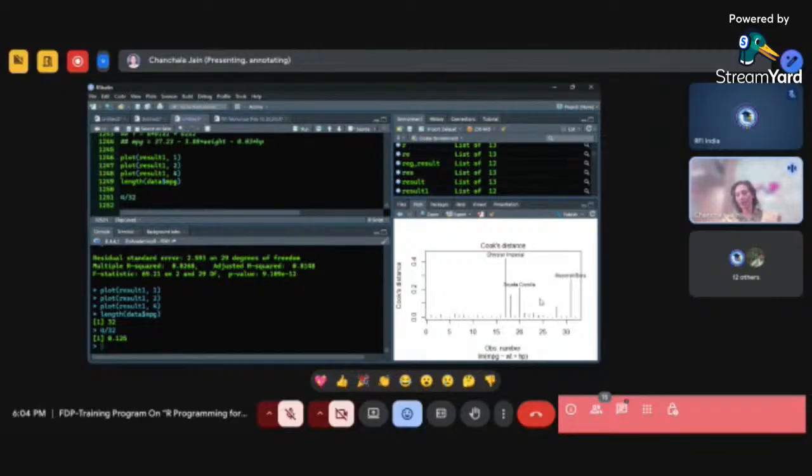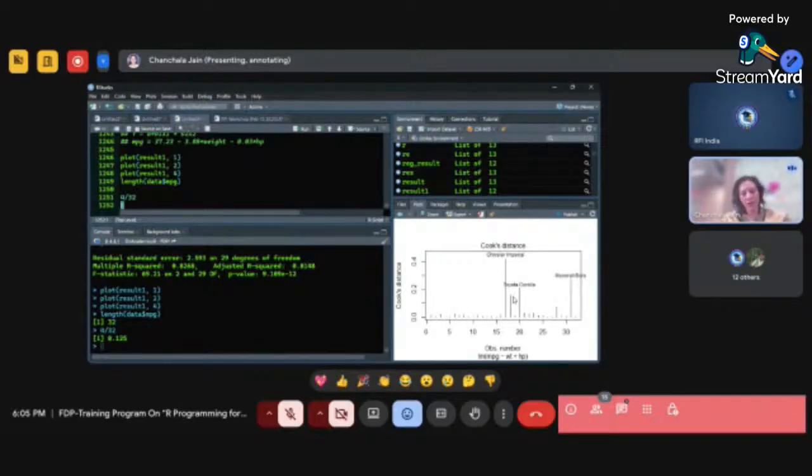Above that value, all these values are influential values. That means these values are impacting my model, right? So this way we can conclude there are influential values available in my data which are impacting our model which we have created here, right?